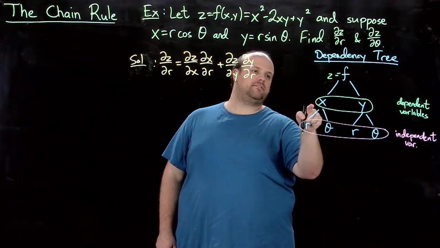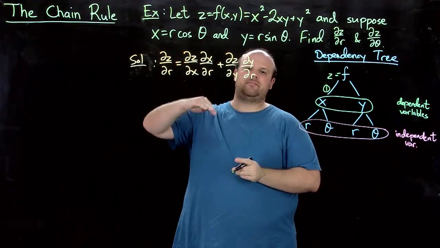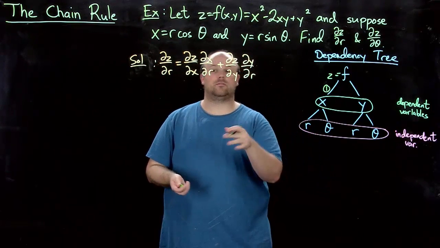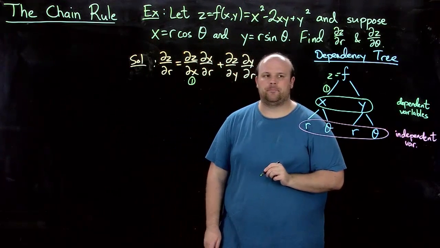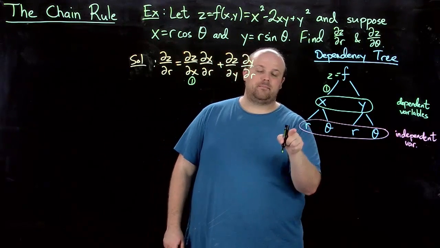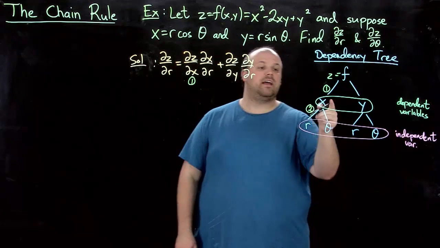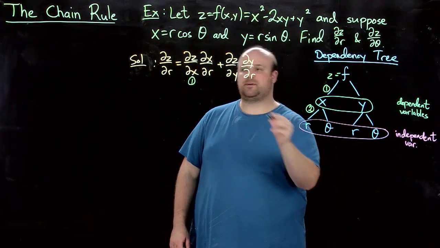We can go from F to X, let's call that 1, and going from F to X means we take the derivative of F with respect to X, or Z with respect to X. That matches up with this term here. And then we can move from X to R, and we're finally at R. And just like before, that means take the derivative of X with respect to R.